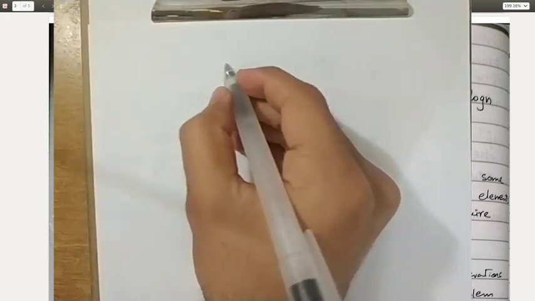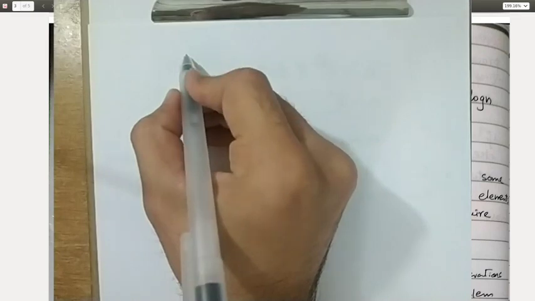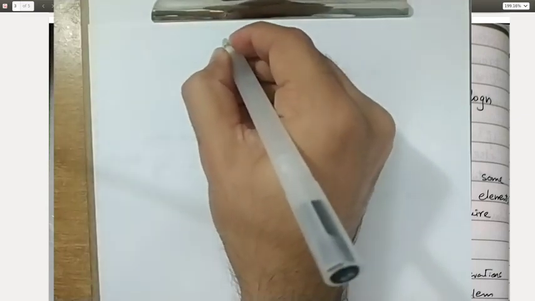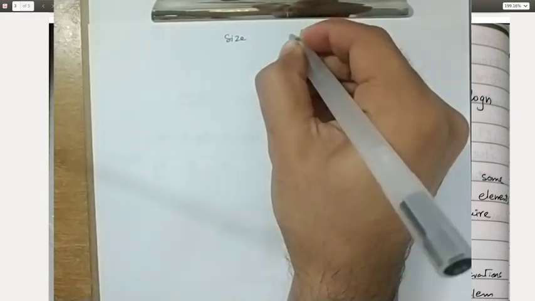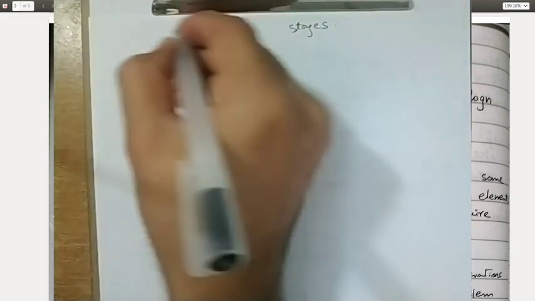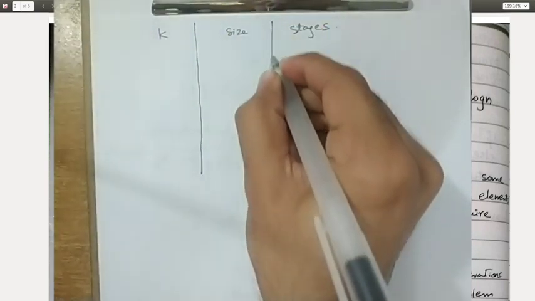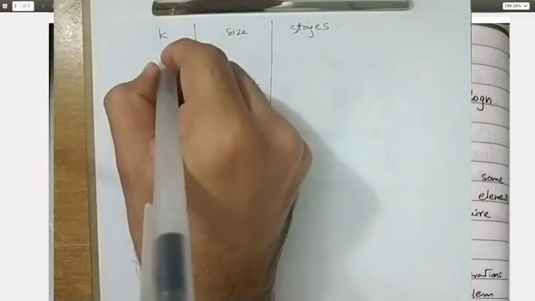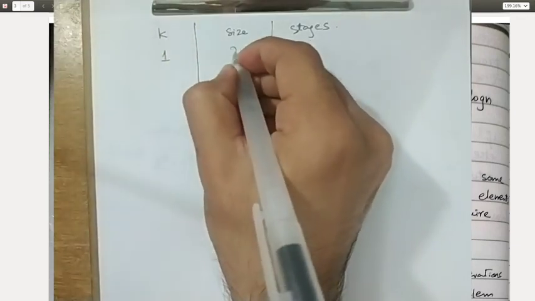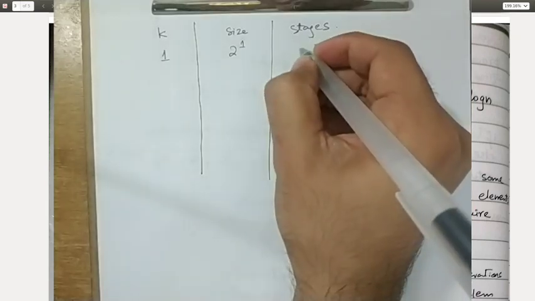For example, if you take a size of 7, what's important is that you consider what different k's are. So let me write a size and number of stages, and let's make this table k. If you consider k to be 1, then your size is of course 2 to the 1, and you have stages k plus 1, which is 2 stages.